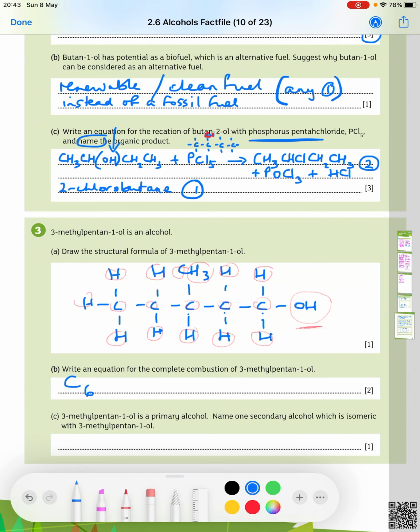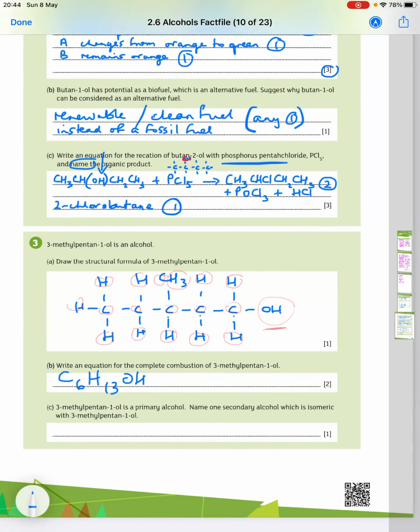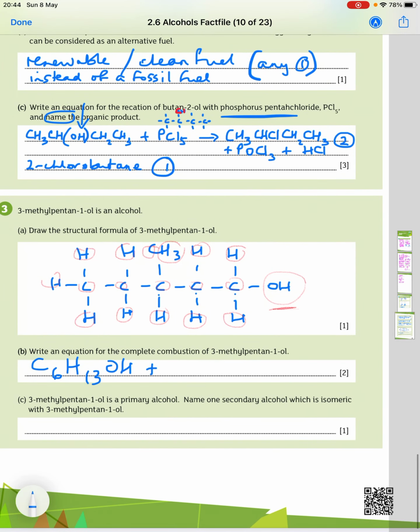So C6H13OH. Complete combustion, so plus O2, giving CO2 and H2O.